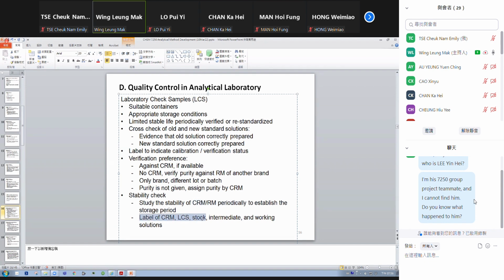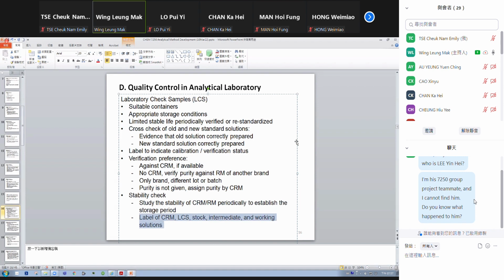Those CRM, LCS, and the stock, intermediate and the working solution should be clearly labeled, okay, so you can trace whether this chemical label is from which intermediate stock and the intermediate stock from which original stock.